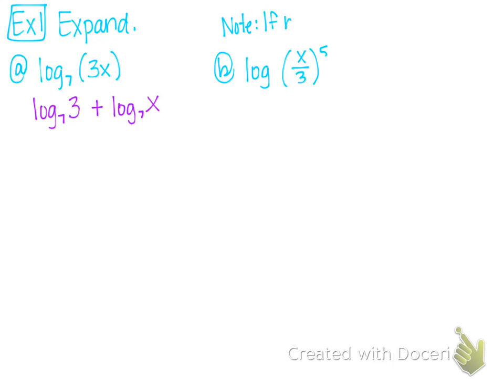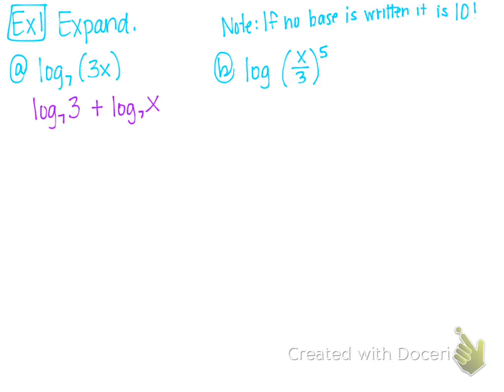If no base is written, it is 10. Now, it's just understood to be 10. It's just like whenever you have an x, it's understood that you have a coefficient of 1 in front of it. So, what we have here is log base 10. But quite frankly, the bases really do not matter on these.